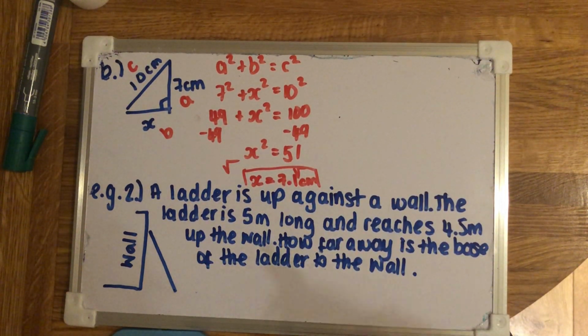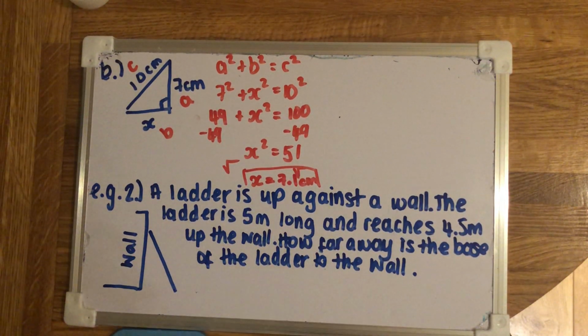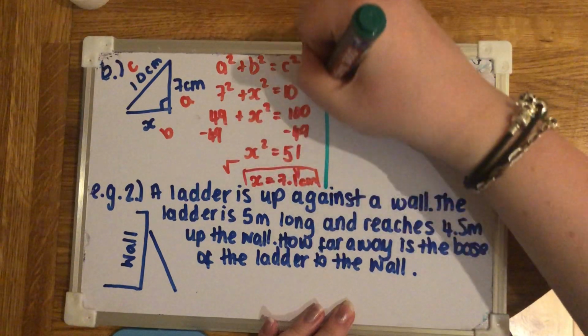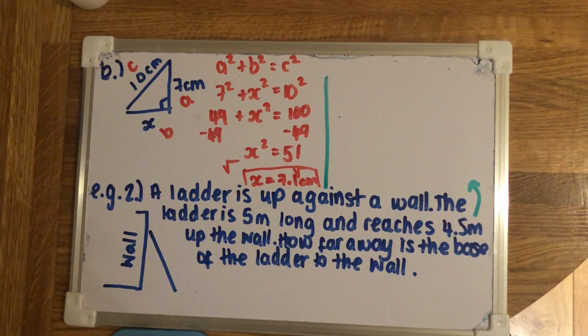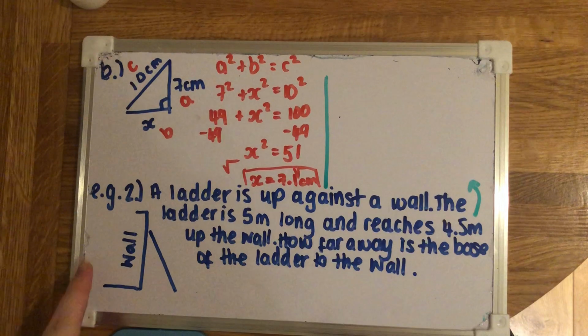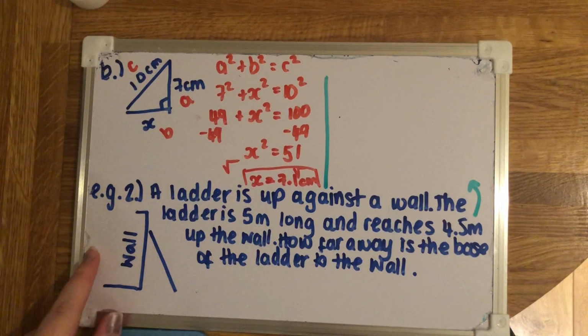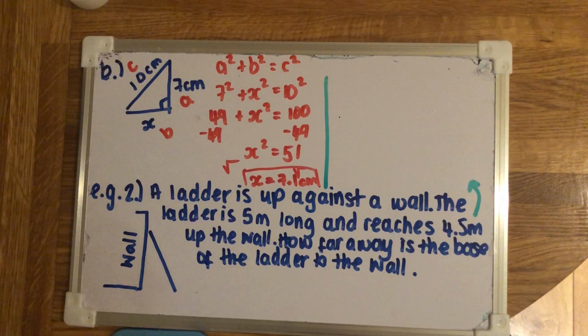Okay, the last one, I might actually need to do the workings up there if I separate it. Okay, so I thought I'd add this one in because it's actually the same method, it's just all those words make it really confusing. So I have done a little diagram at the bottom and we are going to fill in the numbers and see if we can work out what the question's asking. So it says, a ladder is up against a wall.